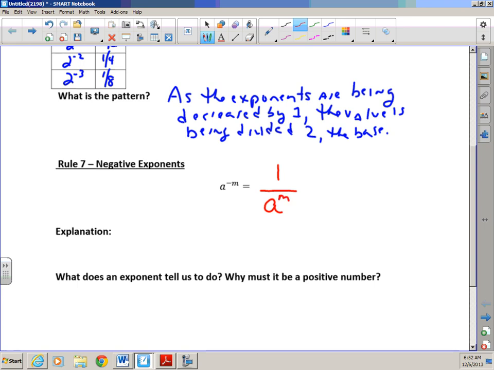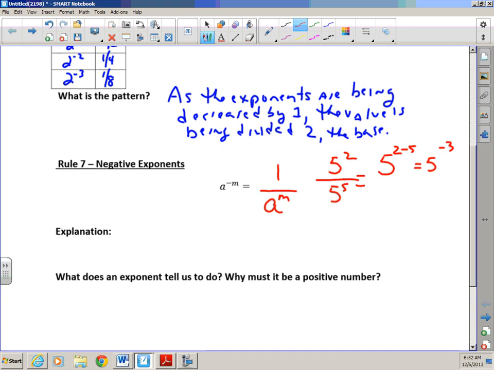Now, let me explain and show you how that works with a numerical example. Let's say I have 5 squared over 5 to the 5th power. You learned 2 days ago, with the laws of exponents, that that would be 5 to the 2 minus 5, which is 5 to the negative third. Right?